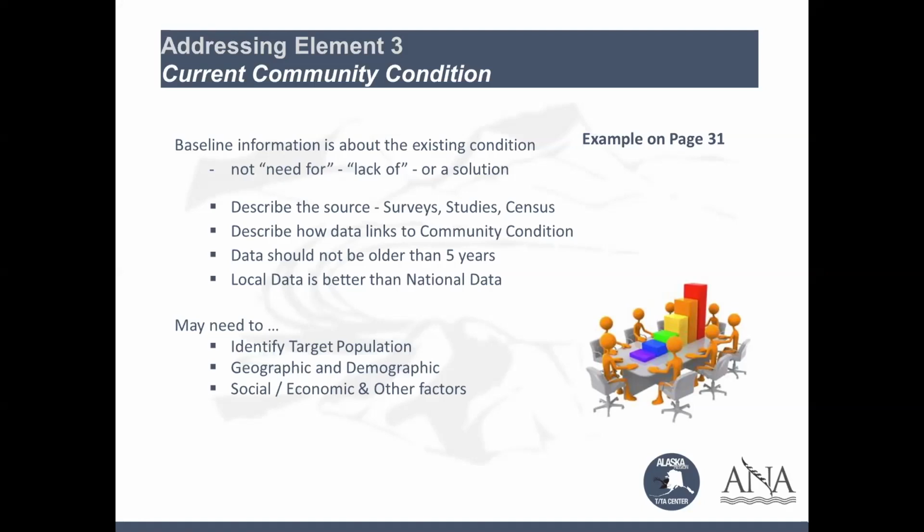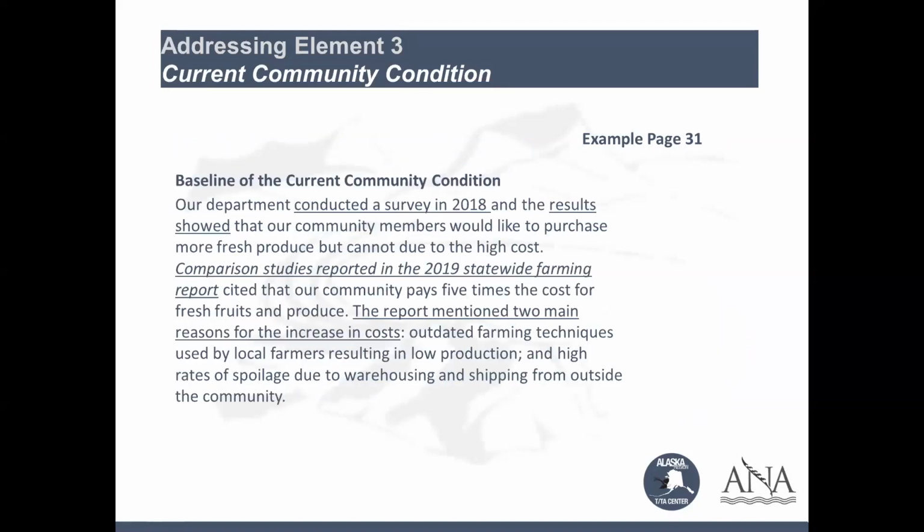And initially, remember, we said in our long-term goal explanation that we had done surveys a few years ago with the community who said we can't afford this. So we look at that and then we talk just about that. We conducted a survey in 2018.